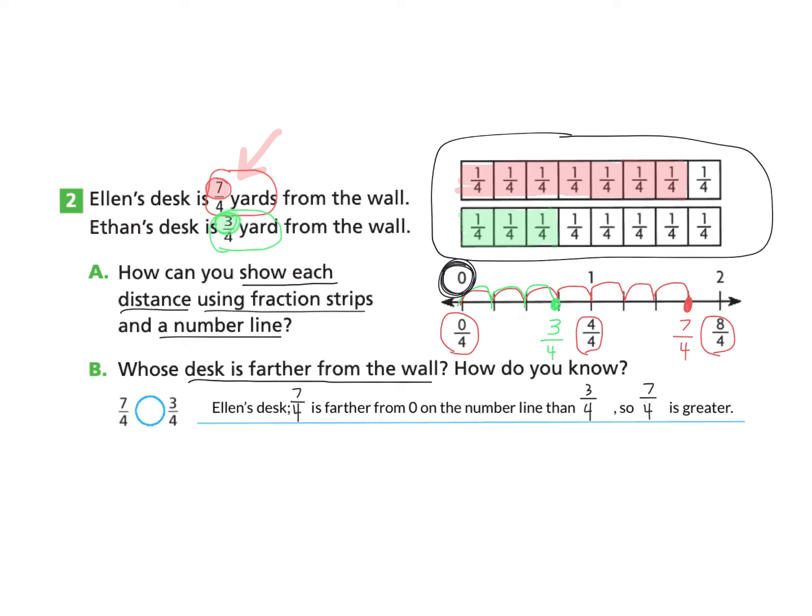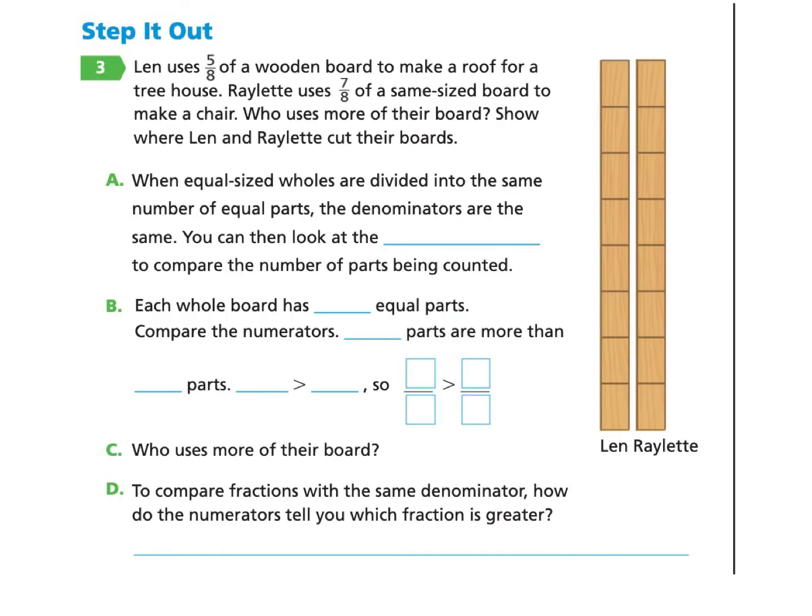So we are going to answer that Ellen's desk, 7/4, is farther from 0 on the number line than 3/4. So 7/4 is greater. And then we are going to compare the fractions here by writing 7/4 is greater than 3/4.